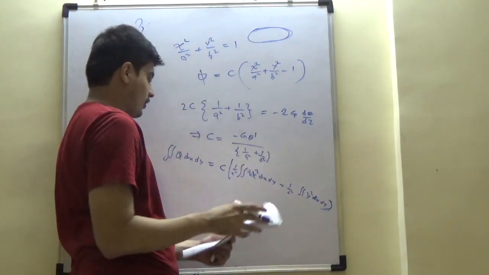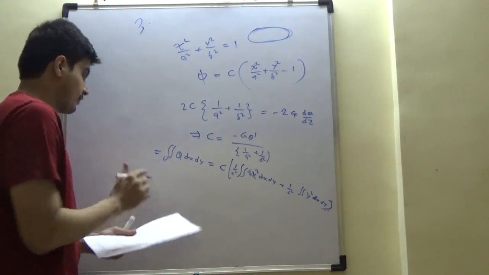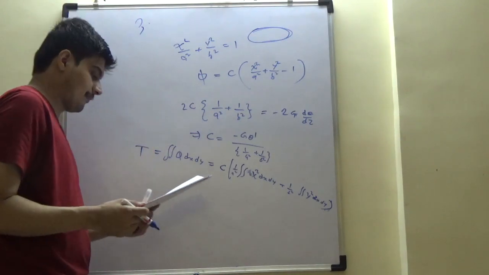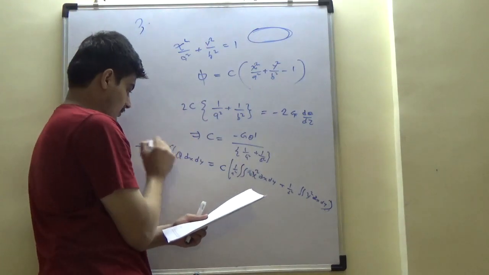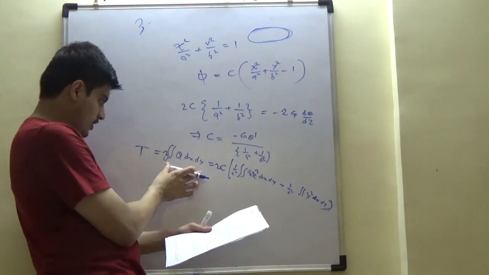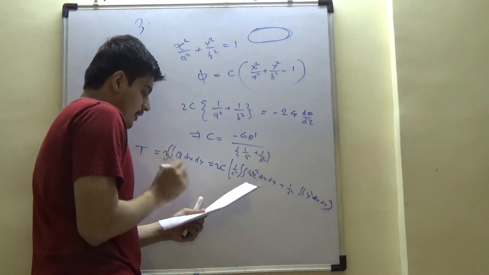This is the term, and this is nothing but 2 into the torque. So torque is nothing but this. So 2 is going to be here, right? Because 2 into this integral is torque. We have seen this equation.